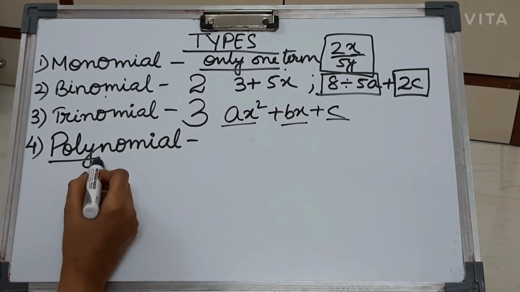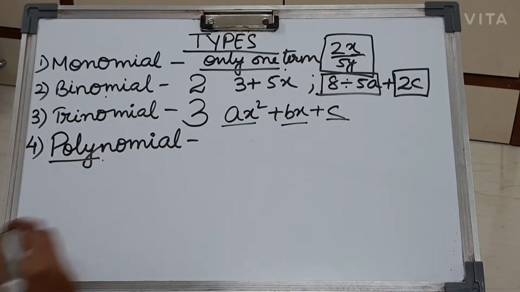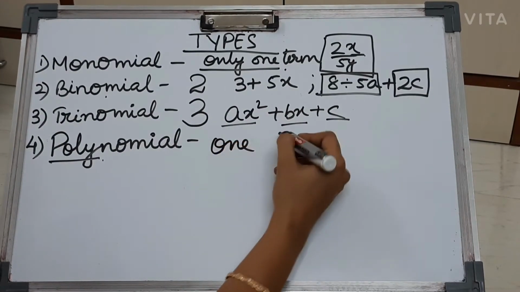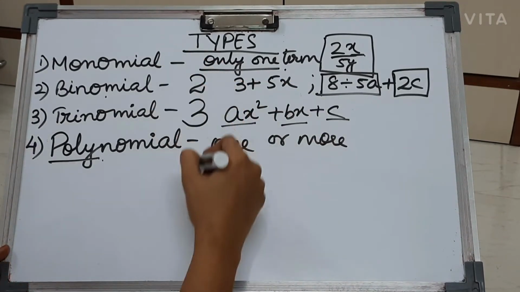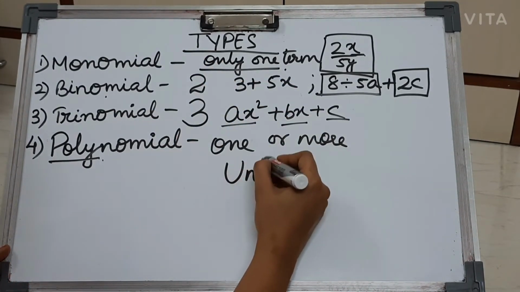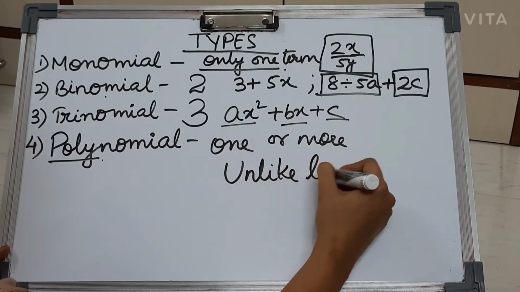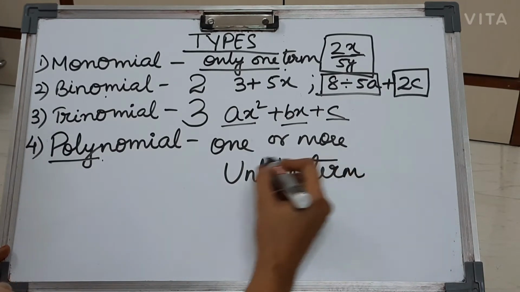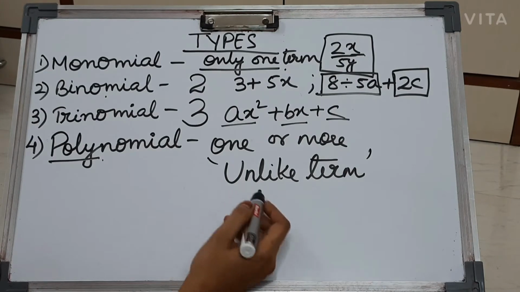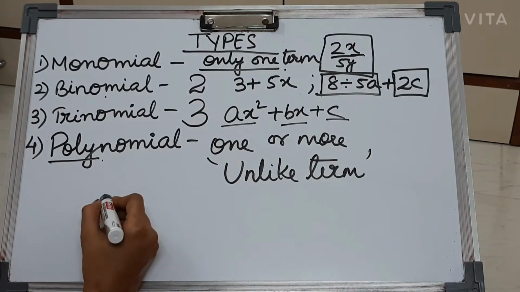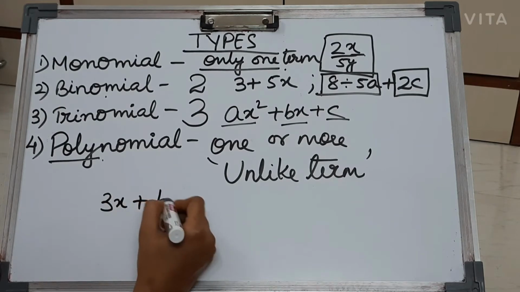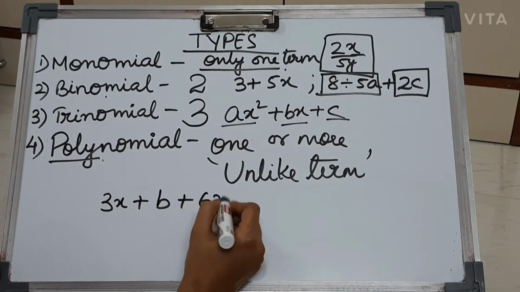Now what is a polynomial? Polynomial relates to one or more terms. Now in all of these, the thing in common is unlike terms. All have one thing in common, unlike terms. Why unlike terms? Suppose I take an example, 3x plus b plus 6x.